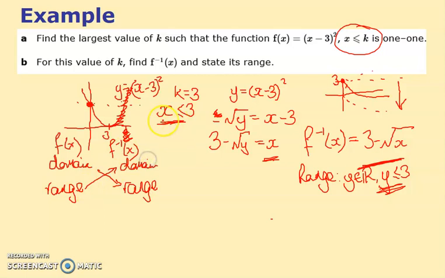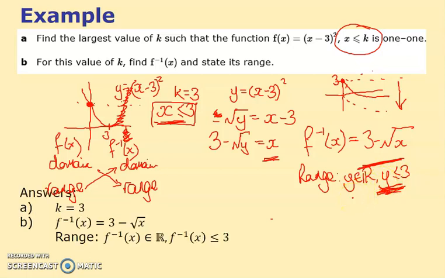And so you can see that here, the domain was x is less than or equal to 3 of my original function. The range of my inverse function is the same. Well, just a different letter, but you can see it's essentially the same. My answers are there, done. So I wrote that as y is less than or equal to 3, but other than that, it's the same.